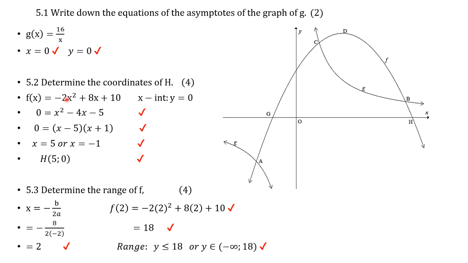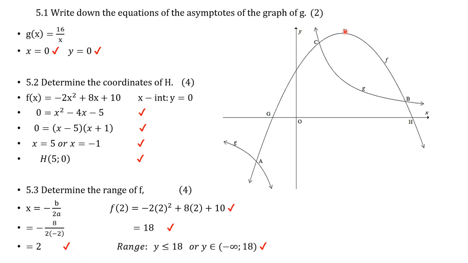Then I put positive 2 back into the original equation: negative 2 times 2 squared plus 8 times 2 plus 10. 10 plus 16 gives me 26, minus 8 gives me 18. So the turning point D is (2; 18).